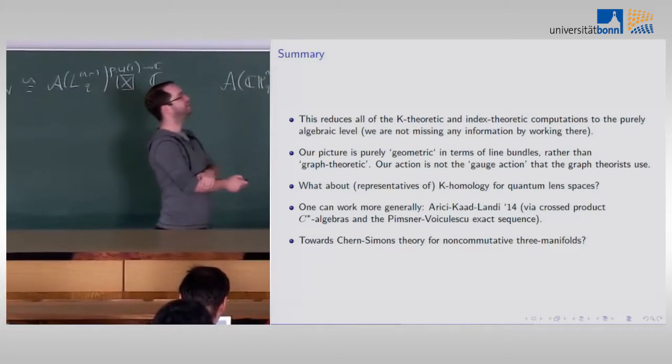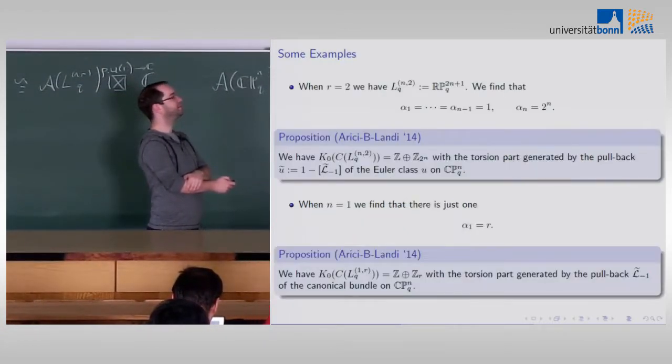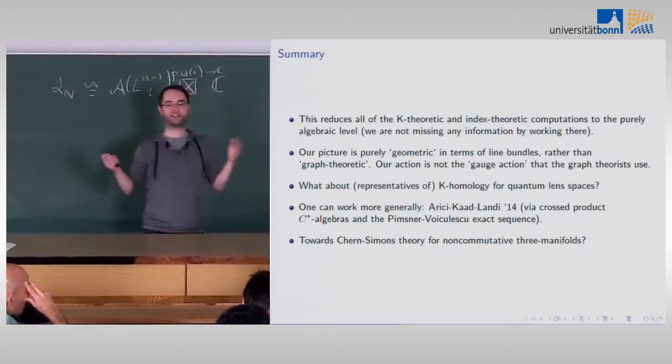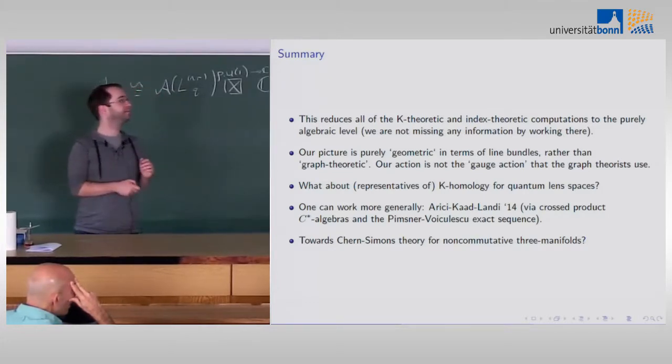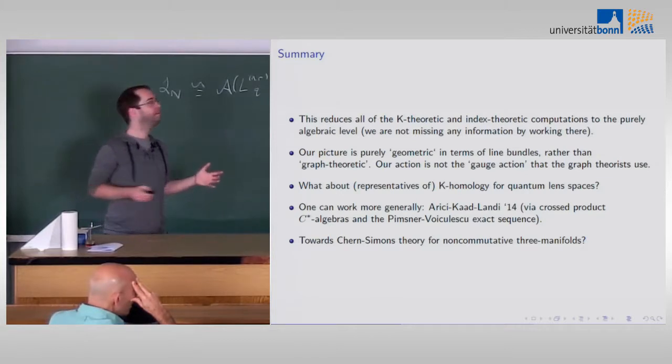So the point is, as I've said, that this computation or this result reduces all of the K-theoretic and index-theoretic stuff we want to do to the algebraic level. So we have algebraic generators, and we're not missing anything by working with those.